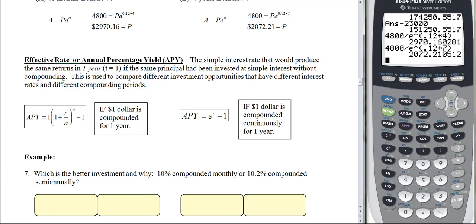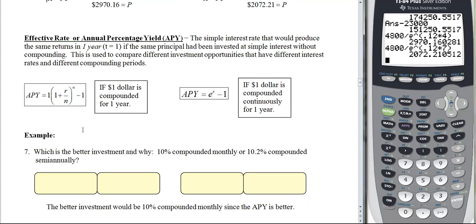Now remember, this is for 1 year, so this is all I need. Now this one is if I had continuous compounding, and since my P value would be $1 and the t would be 1, all I have left from that formula is just e to the r. So some more formulas to add to your collection.